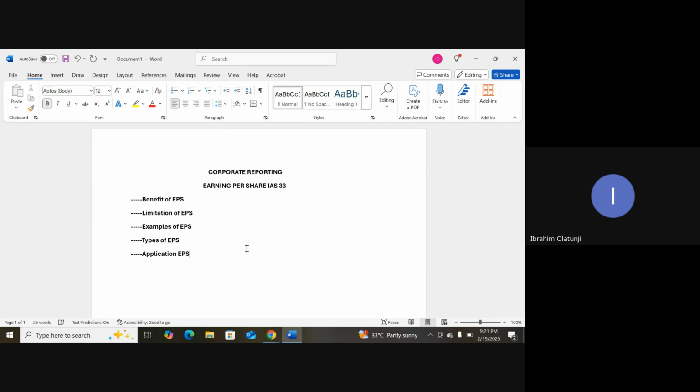So that is the difference between ratio analysis and earning per share. Ratio analysis is a complete tool you can use to provide information on the liquidity position of an entity, but earning per share cannot, because it is not a complete investment tool.